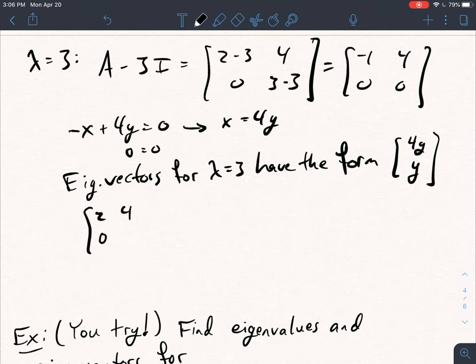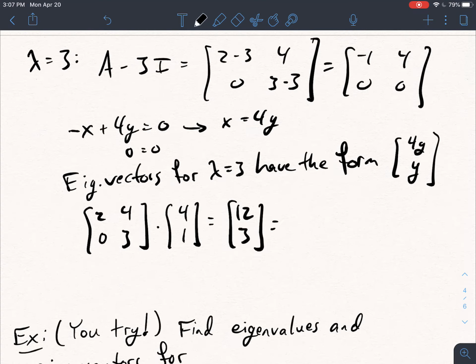Cool. We could also double check that this is right by just showing, I'll just do it for this one. So let's show that AV is equal to lambda V. So here I have A, and now I'll do the eigenvector 4, 1. So this is equal to, if I actually multiply this out, I get 2 times 4 plus 4 times 1. So that's 8 plus 4 is 12.